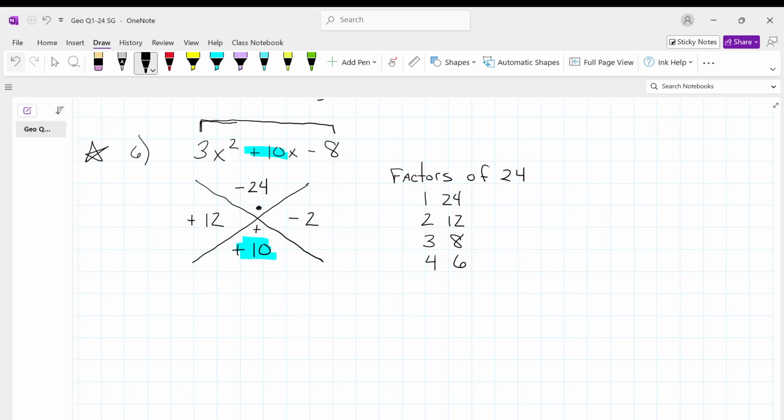3, A times C. So now you put 4 dashed lines here. You take this 3x squared and put it right here.